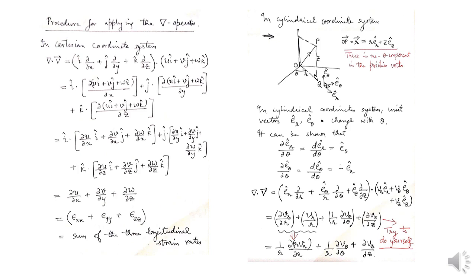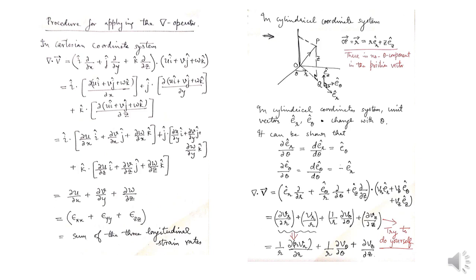So basically I am opening out the del operator, recognizing it as the sum of three operators, i del by del x, j del by del y, and k del by del z. All three then are involved in a dot product with the velocity vector, and therefore del by del x means that I am taking the rate of change of the vector along x.